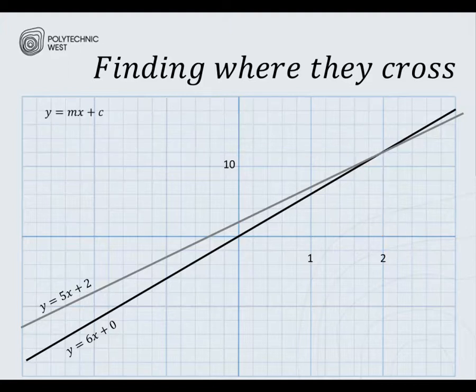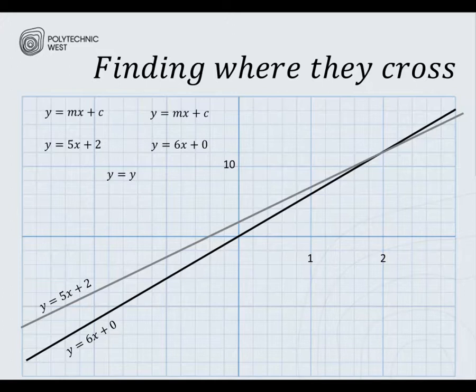Another way is by equations. There's my equation, and this is Tanya's equation. At the point where they cross, they both have the same x, and they both have the same y. Now, what that means is that my y is the same as Tanya's y. Y equals y. Well, that's not very useful.